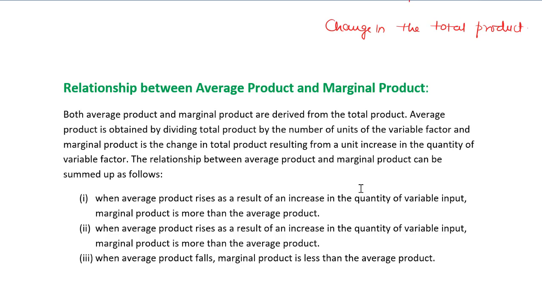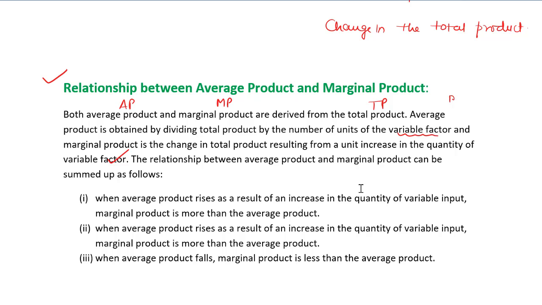Let us see the relationship between average product and marginal product. Both average product and marginal product are derived from the total product. Average product is obtained by dividing total product by the number of units of variable factor, and marginal product is the change in total product resulting from a unit increase in the quantity of variable factor.